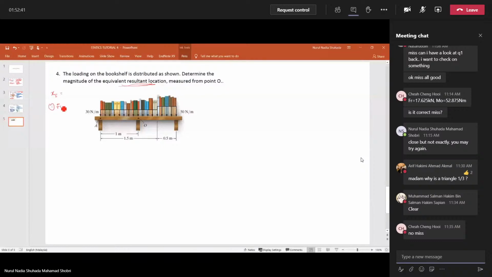To find FR, you have to break down the forces, and then from there you can find the distance for each force, and then you can find the moment around the point O. When you follow these steps, you can solve for the unknown XR. So take 5 minutes to solve this problem. We will discuss this after 5 minutes.